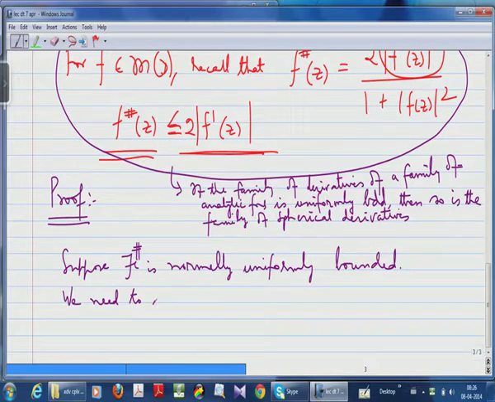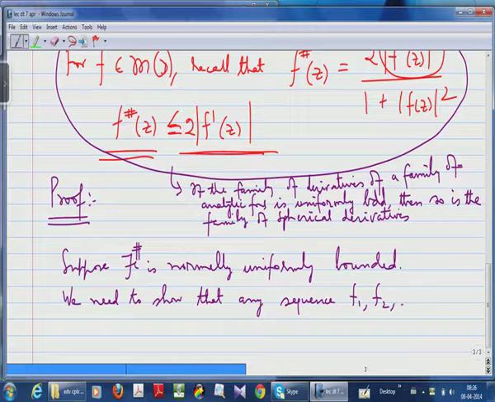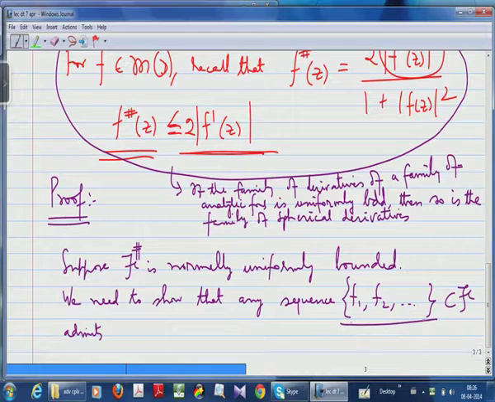We need to show that any sequence f1, f2 and so on belongs to the family, I'm not writing this sequence as a set because there could be repetitions in the sequence, okay.